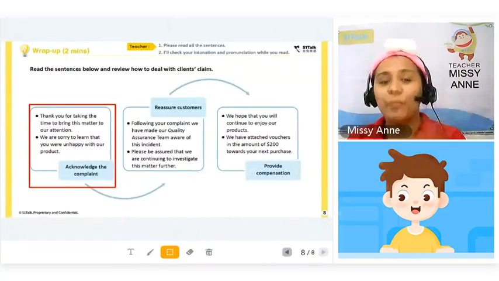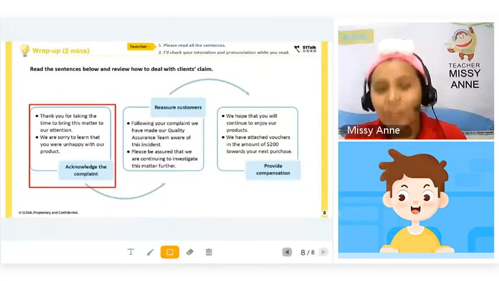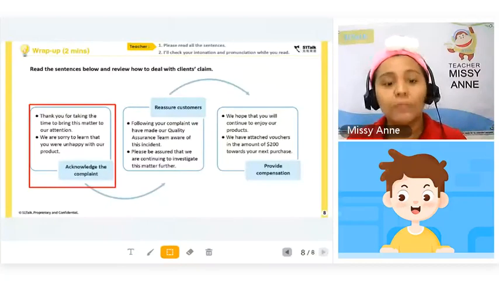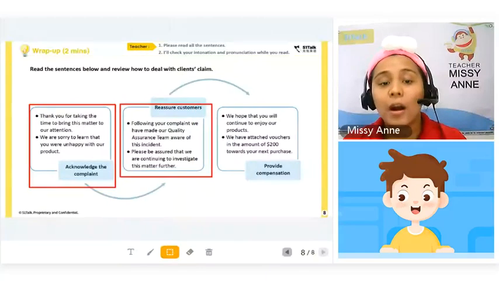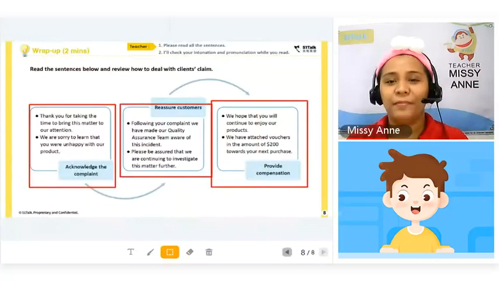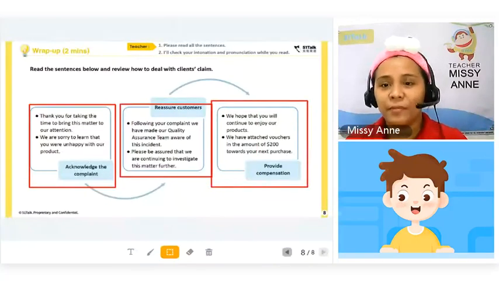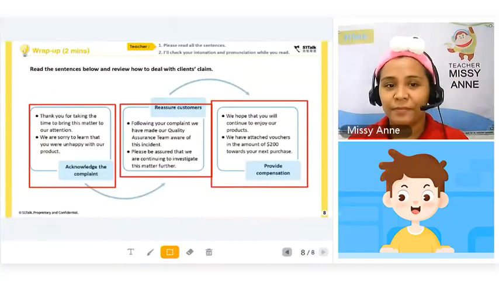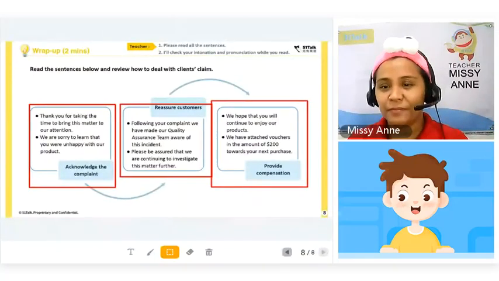Reassure customers: Following your complaint, we have made our quality assurance team aware of this incident. Please be assured that we are continuing to investigate this matter further. Provide compensation: We hope that you will continue to enjoy our products. We have attached vouchers in the amount of $200 towards your next purchase.